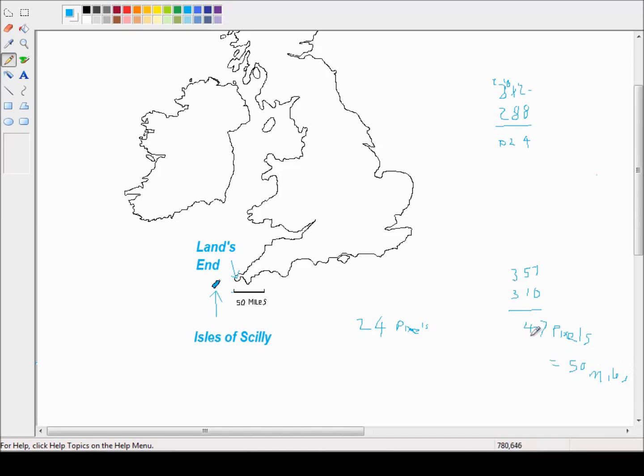Okay, if that was 50 pixels, then 1 pixel would be 1 mile, and I would say that that's 24 miles, because that makes life easy. This is not quite so easy. So it's actually 24 over 47 times 50. For that, I'm going to need a calculator.